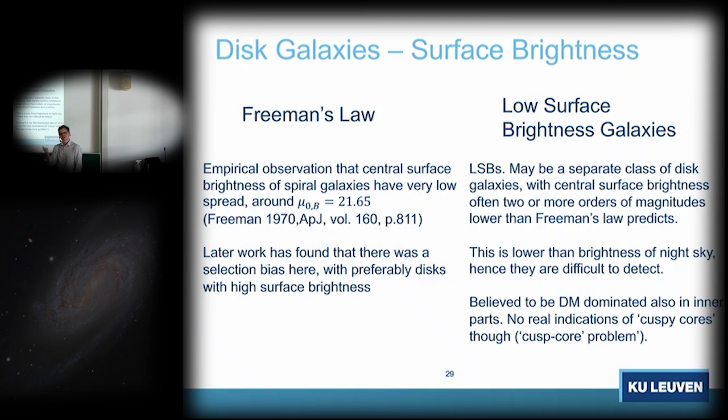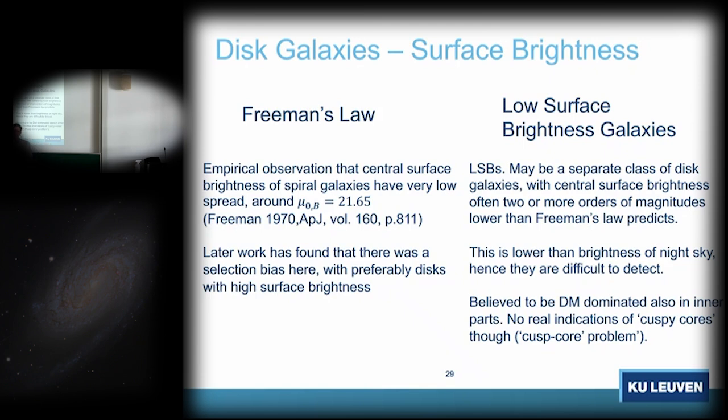You can hint at that from the rotation curve also, which means that it's difficult to get constraints on the dark matter properties in the inner regions. And why is this important? Well, it has to do with the so-called cusp-core problem.